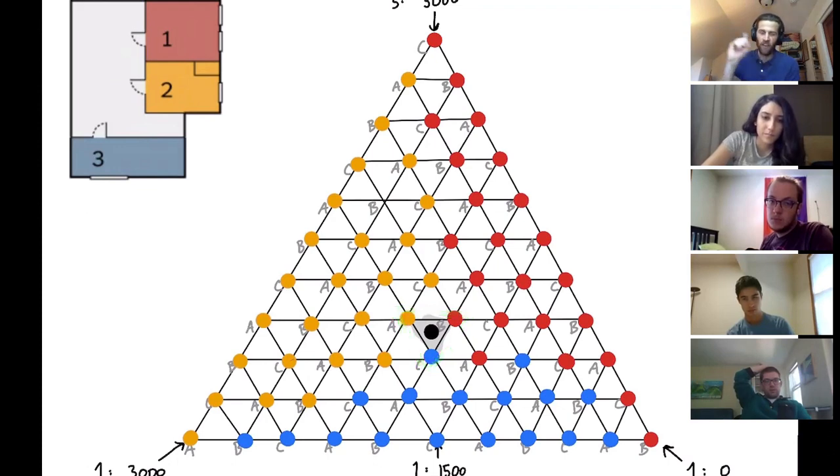A, B, and C are 3 vertex labels, prefer 3 different rooms corresponding to the 3 different colors. Do you see that? So that's what we're hoping to find. We're hoping to find a small rainbow colored triangle. And one such triangle exists. Aha, that's how you divide the rent.